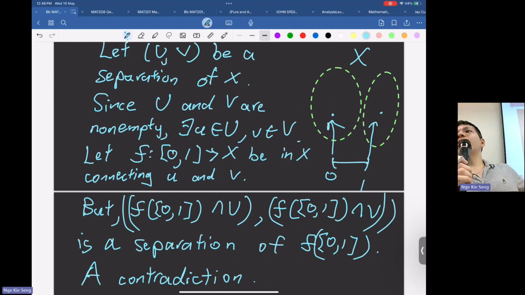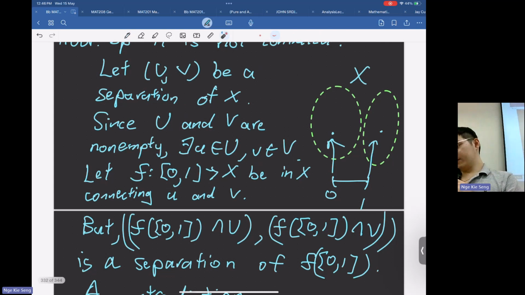No. That one is the proof for that statement. But in the proof you want to use that result, right? So the result here is, at first you say that there's a path that connects these 2 points, but since we already separated, then this path should either lie here or lie here. If fully lying in one of them, then it cannot connect the other point. So it contradicts it as a path.